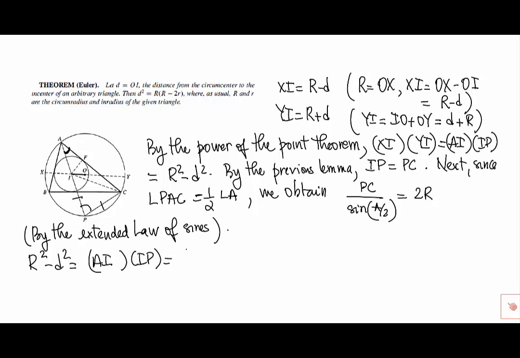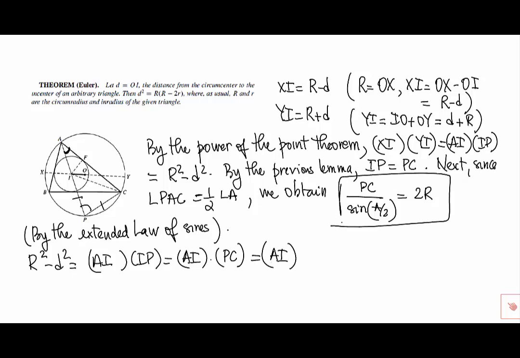Which is AI times PC, because IP is PC, and solving this for PC gives 2R sine of A over 2. I will call this here star.